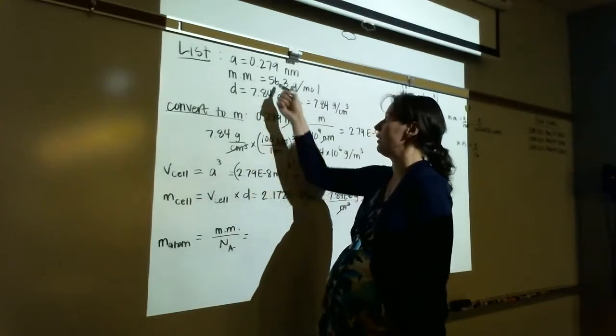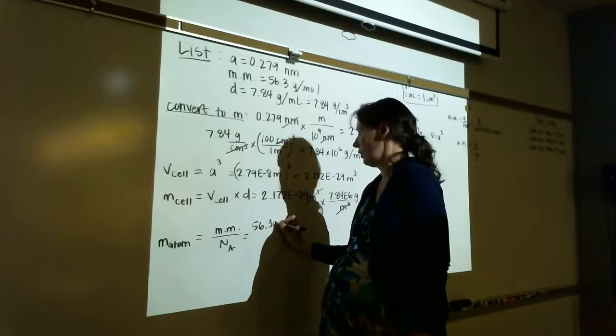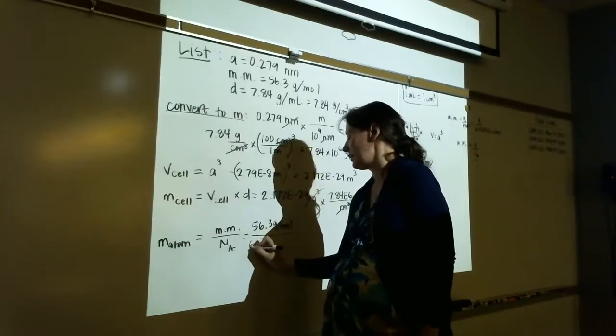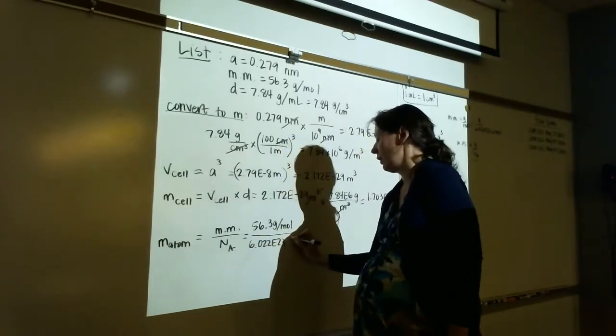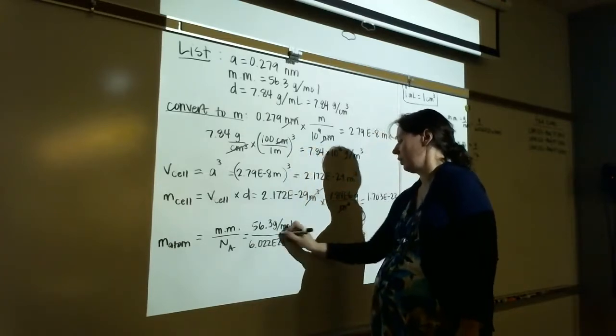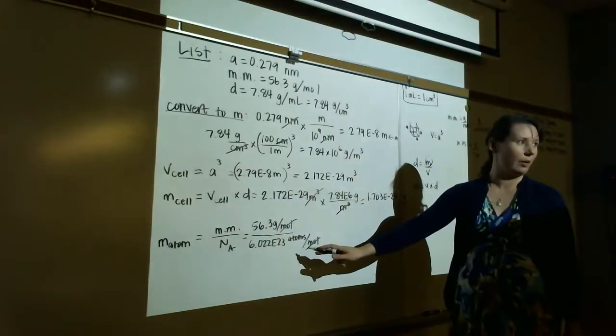So the molar mass was given, 56.3 grams per mole divided by 6.022 times 10 to the 23rd atoms per mole. Moles cancel, that gives me the mass of 1 atom. See how we were able to do that?